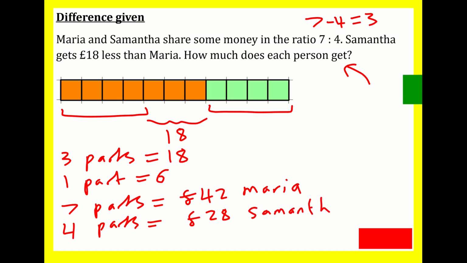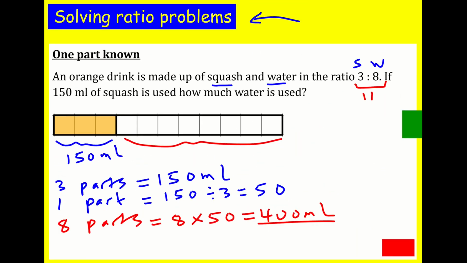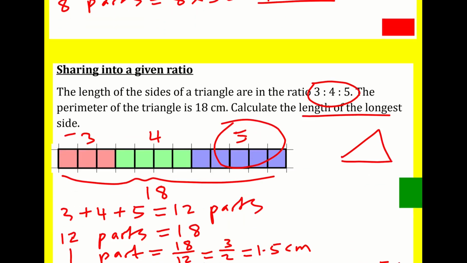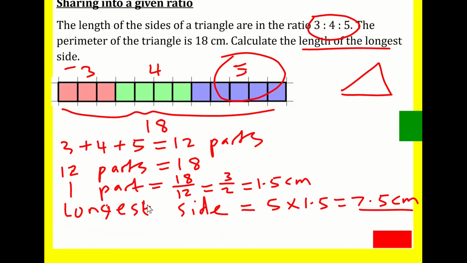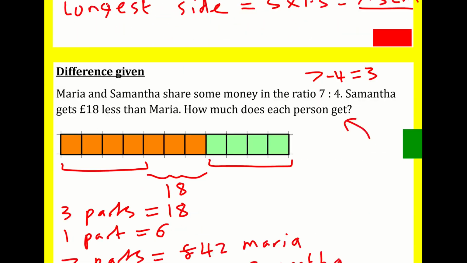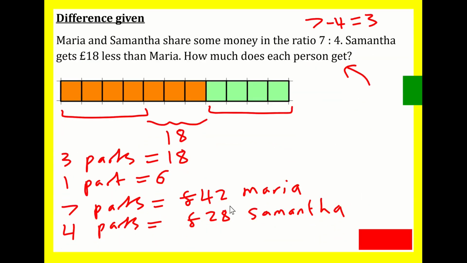One thing I didn't say that I probably should have is that for these questions we can often self-check our answers. Does it make sense? Maybe not so easy for that one, but if you were to find all the sides in this question, I know it only asks for the longest side, then they must add up to 18 at the end. And this one, we can check at the end.